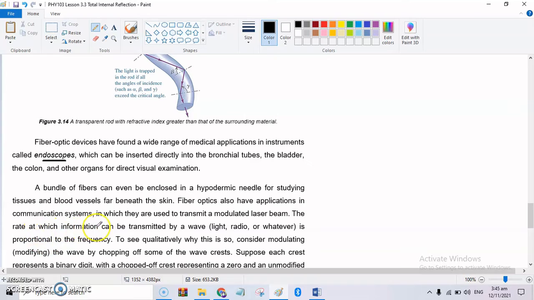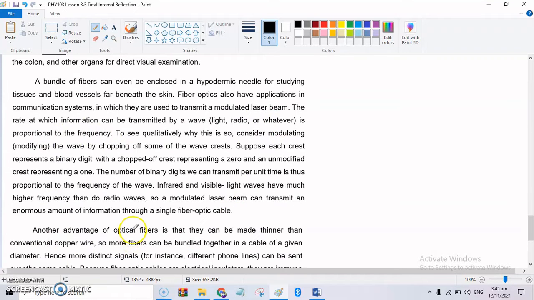The rate at which information can be transmitted by a wave, whether light, radio, or whatever, is proportional to the frequency. To see qualitatively why this is so, consider modulating the wave by chopping off some of the wave crests. Suppose each crest represents a binary digit, with a chopped-off crest representing a 0 and an unmodified crest representing a 1.